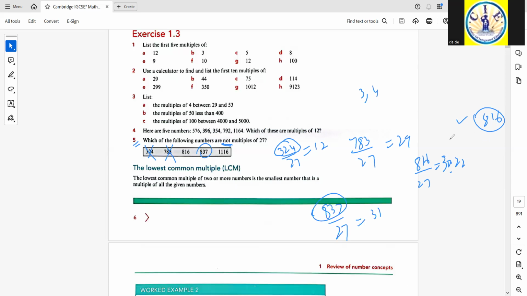Then for 1116, you get 41.33. That means it is not completely divisible by 27. So yes, the second number in the required answer is going to be 1116. So these two are the required numbers. So this is how we had to do exercise 1.3.